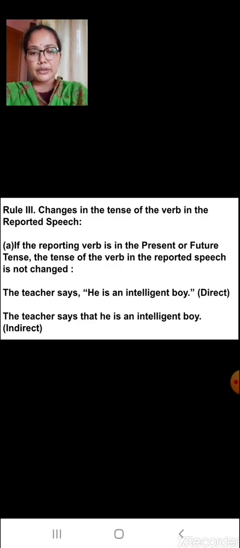For example, in the direct speech, the teacher says, "He is an intelligent boy." Now, in the indirect speech, it will become: the teacher says that he is an intelligent boy. So here you can see that says has not changed.